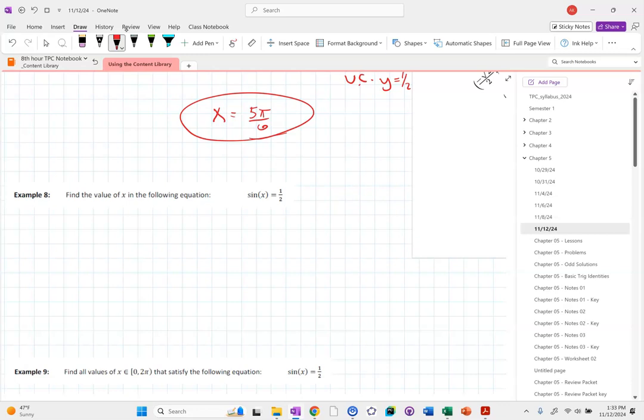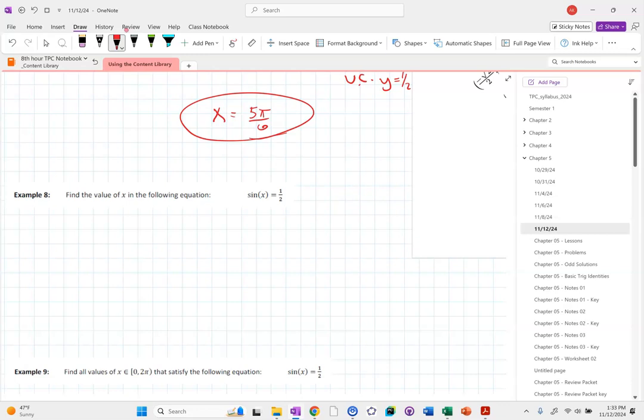Great. So as long as I have a solution, any angle coterminal to that solution will also be a solution, right? And because there's infinitely many angles coterminal to a given angle, that's going to give us our infinitely many solutions, right?